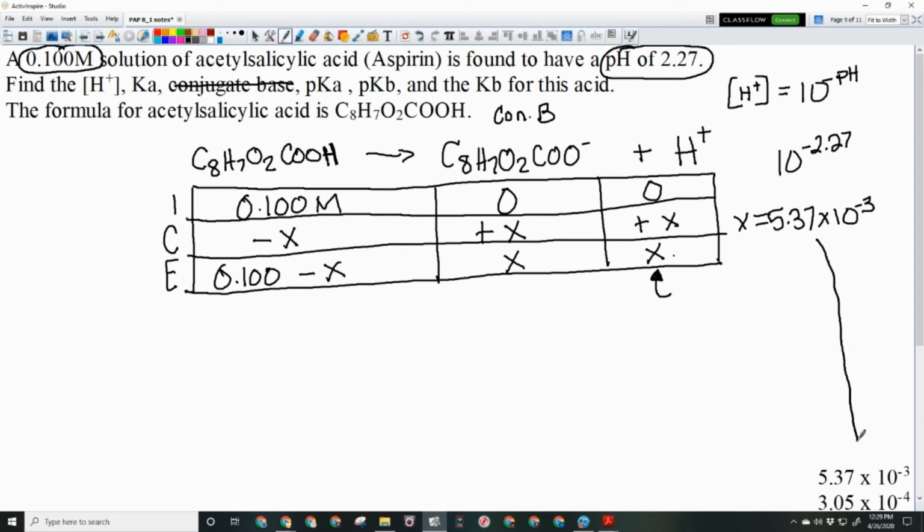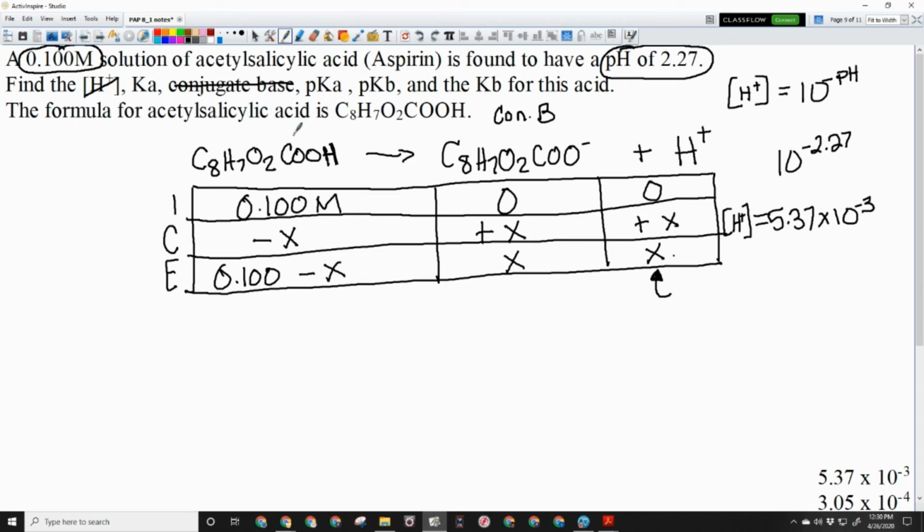Oh, look at this. There's the key right there. So I did get 5.37 times 10 to the negative 3. All right, so that's our hydrogen ion concentration. So I'm going to go over here and put in that this is our hydrogen ion concentration. Let me erase this because I might need to write other things there. All right, so now we've solved for the hydrogen ion concentration.